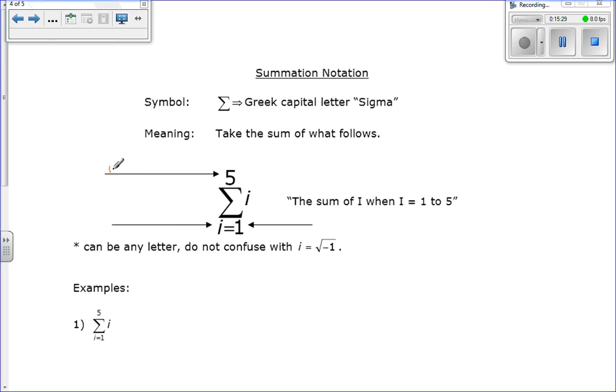This number here is what we call the upper limit. And then down here, the variable is what we call the index. The number down here is what we call the lower limit.